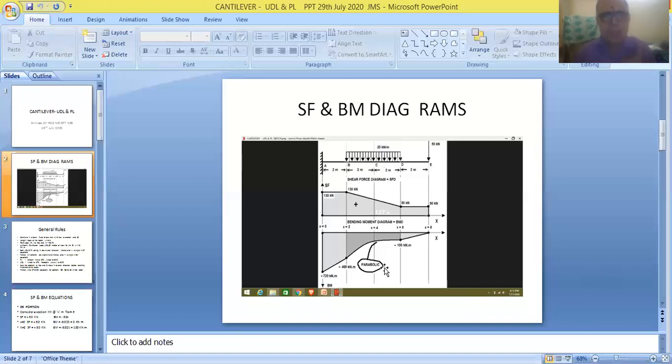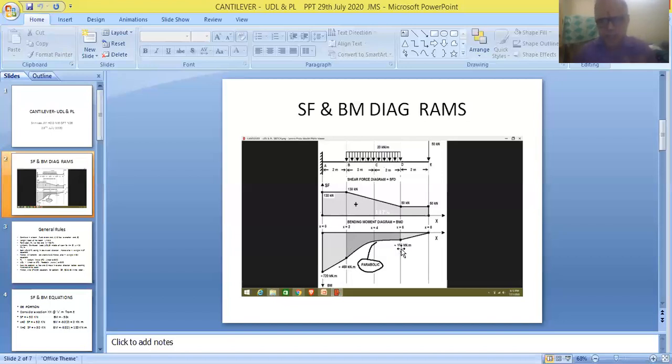And lastly, we can see the baselines. This is the baseline for the SF diagram, and this is the baseline for the bending moment diagram. If you are getting positive values, they should be shown above the baseline, and if you are getting negative values, they should be shown below the baseline.